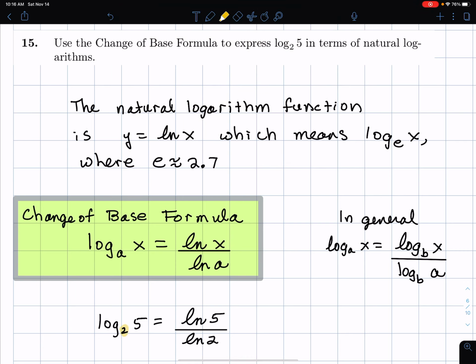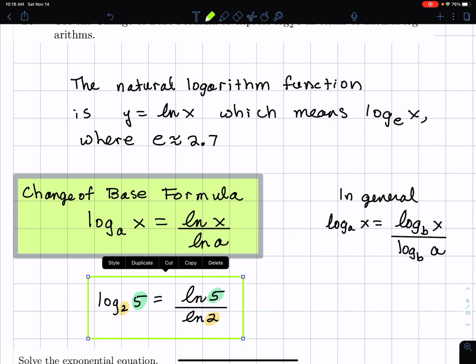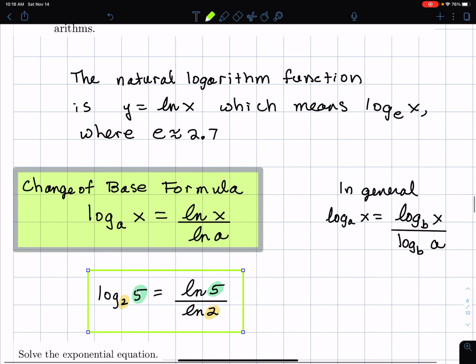See this 2, the base, ends up in the denominator as ln 2. And then this 5, well, we have ln 5. Okay, did that coloring help? But that's your answer, that's our final answer.